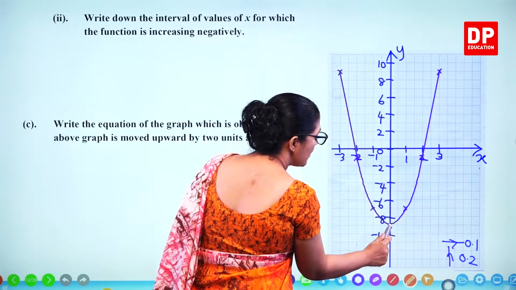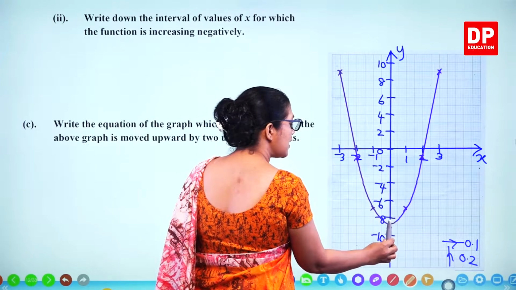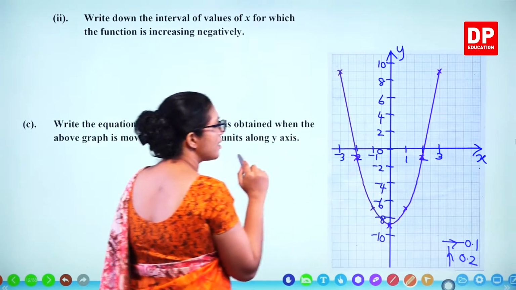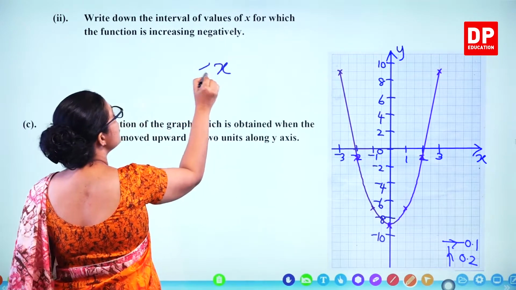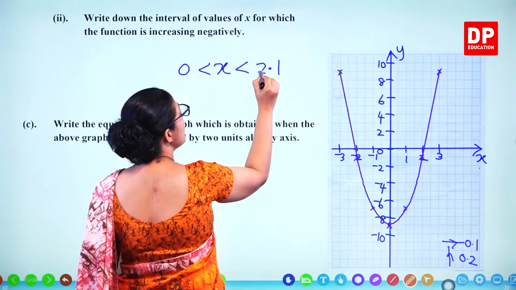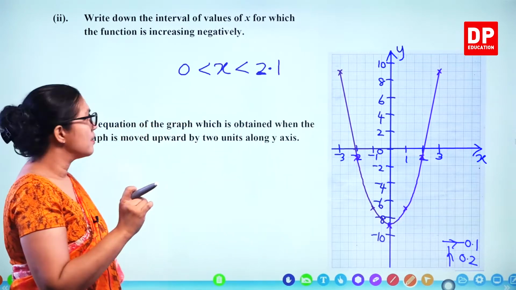So that means here to here. So what are the x values? If it's here, that's 0, and here 2.1. So x lies in between 0 and 2.1. It's not equal, this is in between. It's increasing only in between.